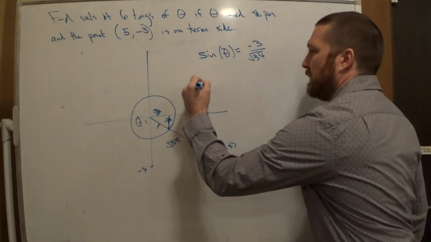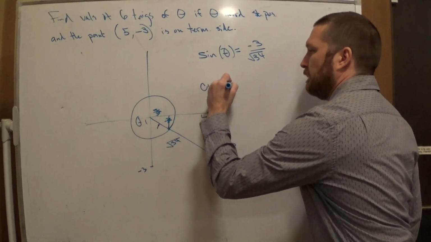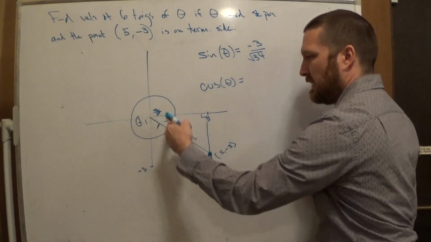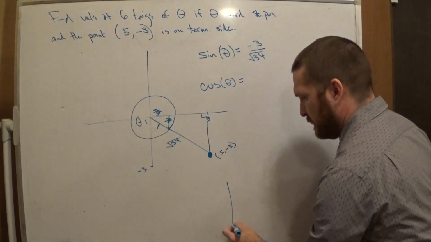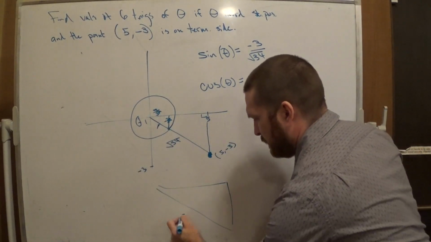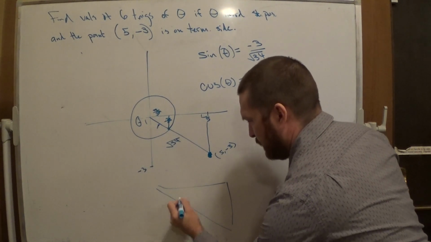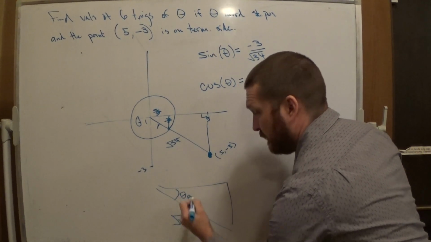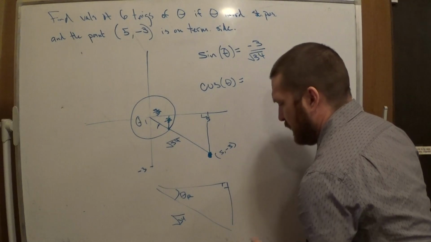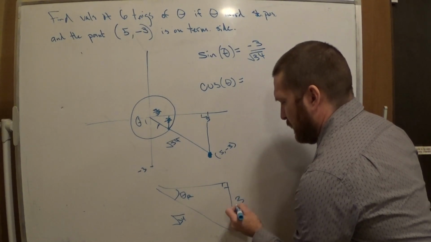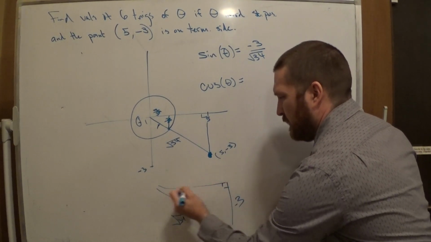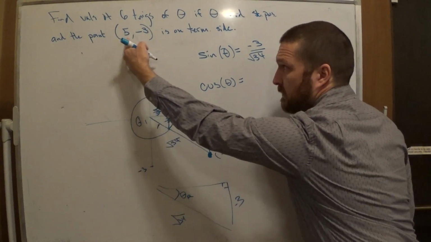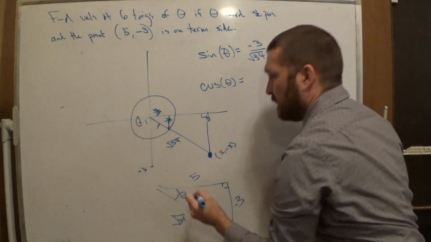And then for cosine, you go what? Which in this case of this big old triangle, there's your reference angle. We said this was a -3, and that length was what? That length right there. Whatever showed up there.